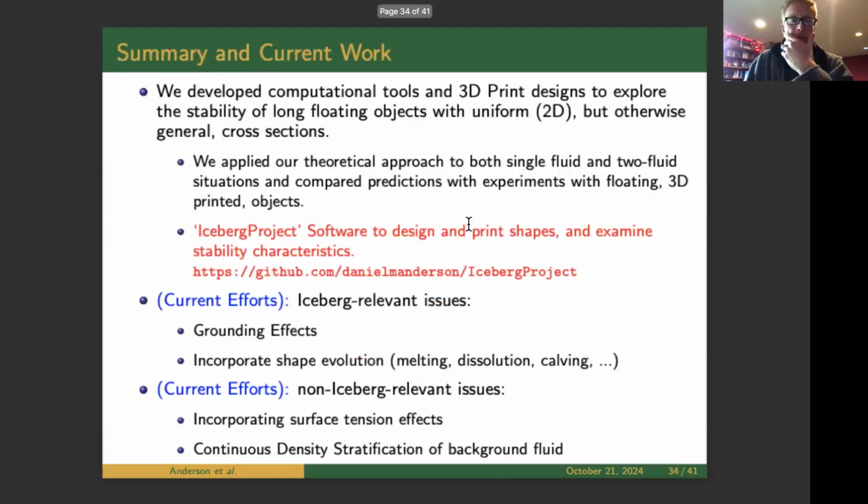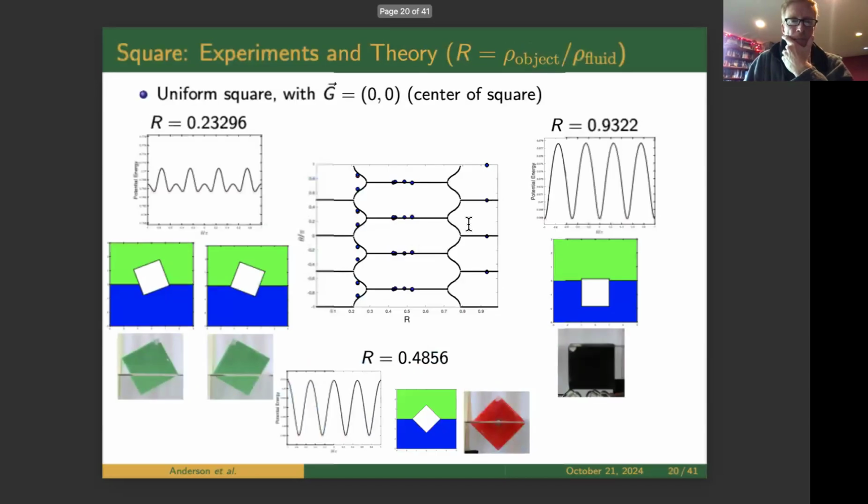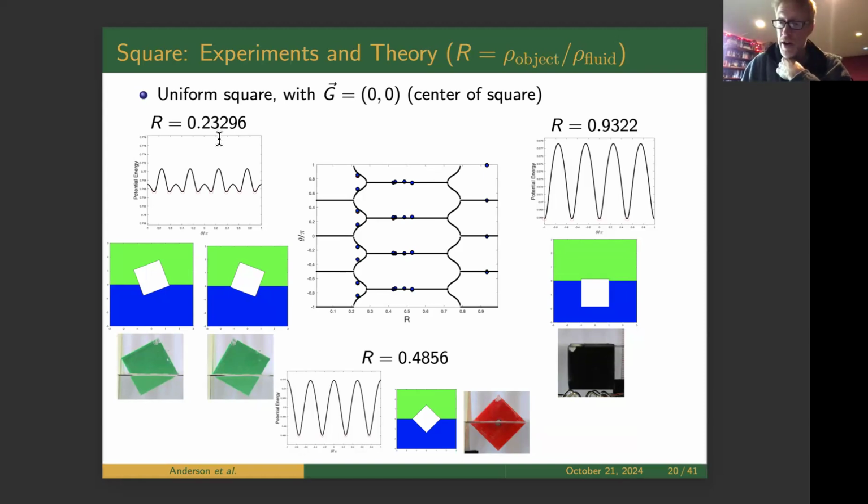Oh, again? Right. Yeah, I'll go back to the square. So for this density ratio, say 0.23 for the square, what we do is we figure out where that floats up or down to satisfy Archimedes principle, and then compute the potential energy for each orientation.